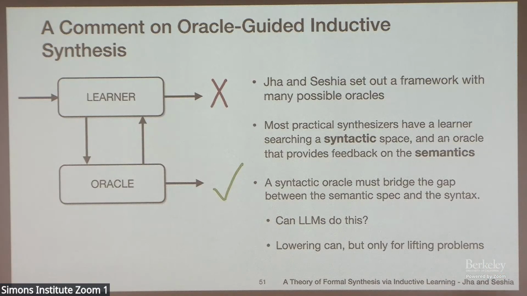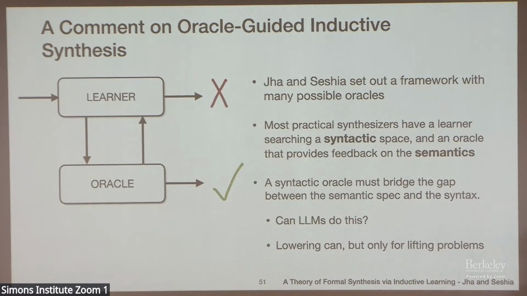But there are many other oracles you can have. You can have membership queries. You can have input-output queries. The point I want to make is that all of these oracles are semantic. They are giving semantic feedback. And most practical synthesizers are searching a space of syntax. They are searching through a grammar.